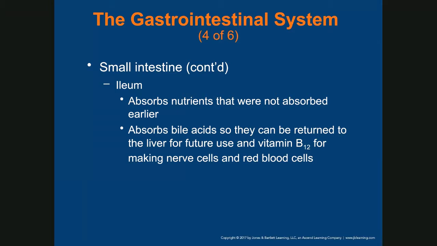So in a nutshell, the small intestine is where the majority of the water and nutrients will be absorbed from whatever we consume, right? All of the nutrients and water will be absorbed as it passes through the small intestine.